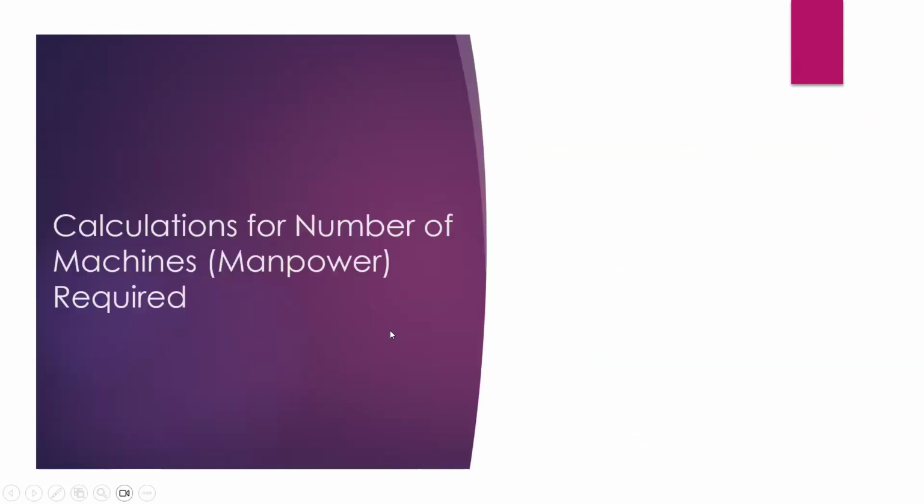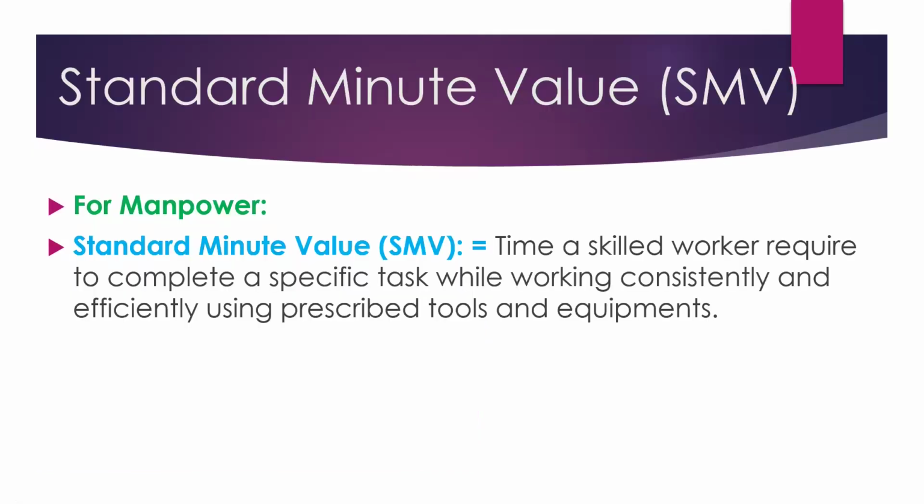Now, calculations for the number of machines or number of manpower required. Let us see a few formulas which are involved in intermediary calculations. First of all, we require information about the standard minute value. It is applicable in the case of manpower.